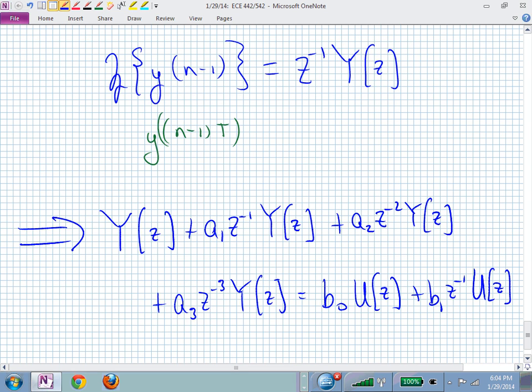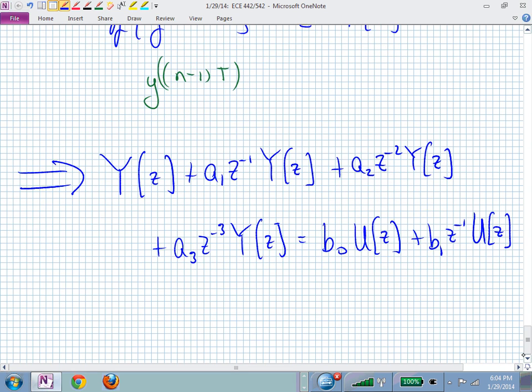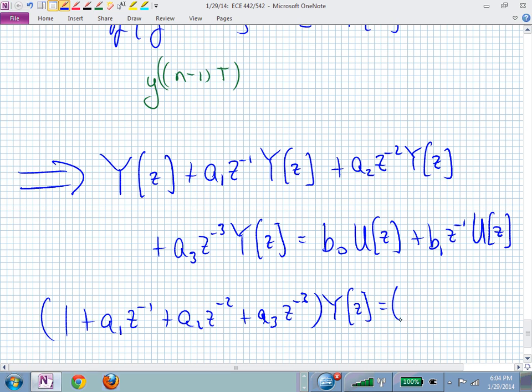Now we can factor out the common z transformed quantities on either side, and we can now say we have 1 plus a1 z to the minus 1, plus a2 z to the minus 2, plus a3 z to the minus 3, that's times Y of z, equaling b sub 0 plus b1 z to the minus 1, times U of z.